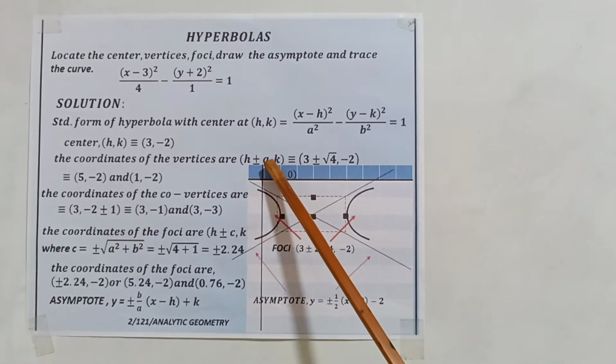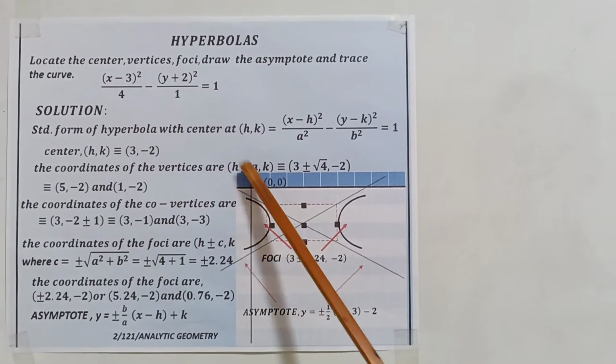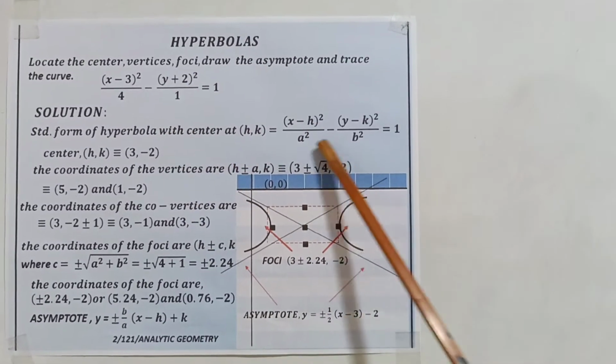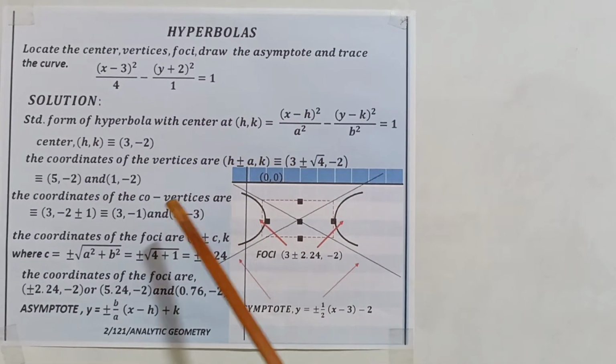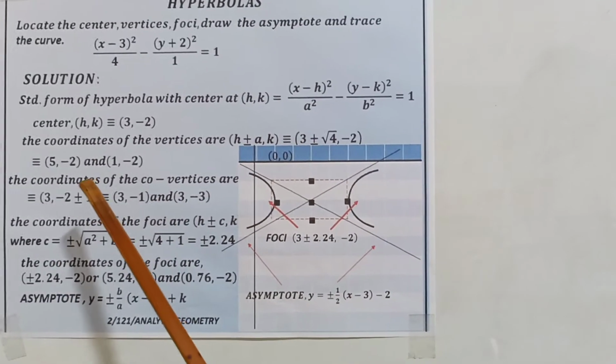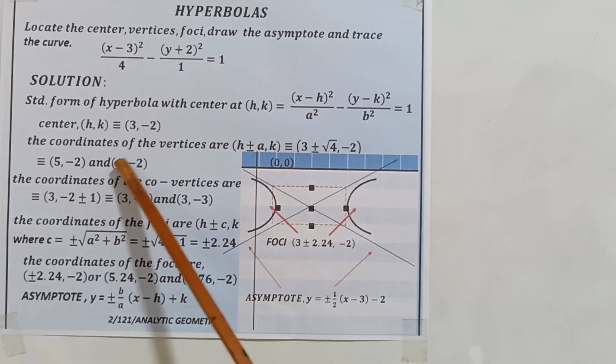So this is equivalent to 3, the value of h, plus or minus square root of 4, and negative 2, which in turn is equivalent to (5, negative 2) and (1, negative 2).